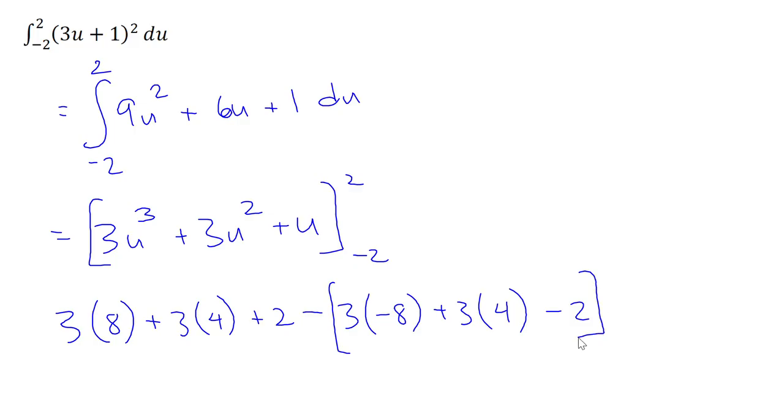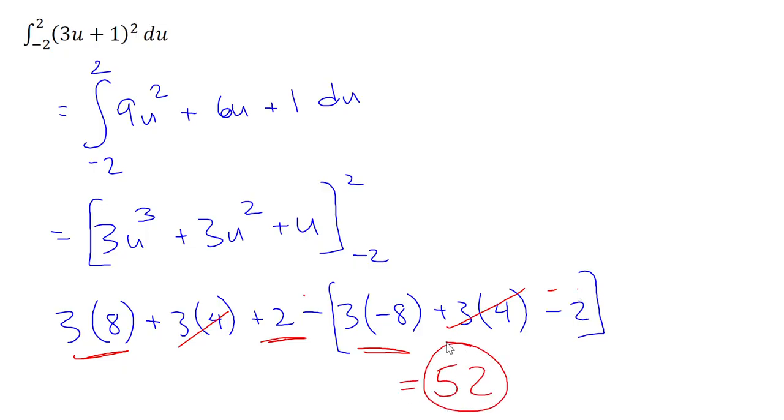And if we put all that together, we're going to have a 12 here that's going to cancel out with this 12 that we're subtracting. And then we're going to have a 24 here that's going to add to another 24 because it's minus a negative 24. So that's positive 48. Plus 2 is 50. And then minus negative 2 would be adding another 2. So 50 plus 2 is just 52.